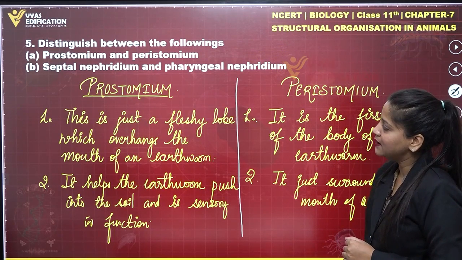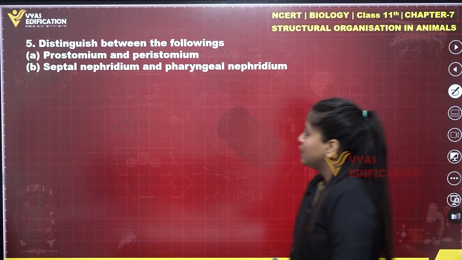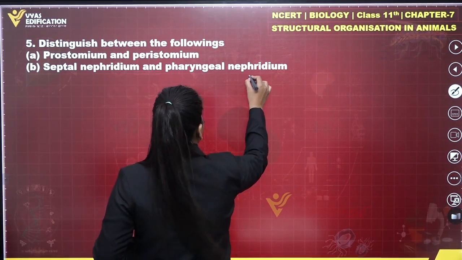So let's write the answer of B as a part of question number 5. Now we have to make a column again.